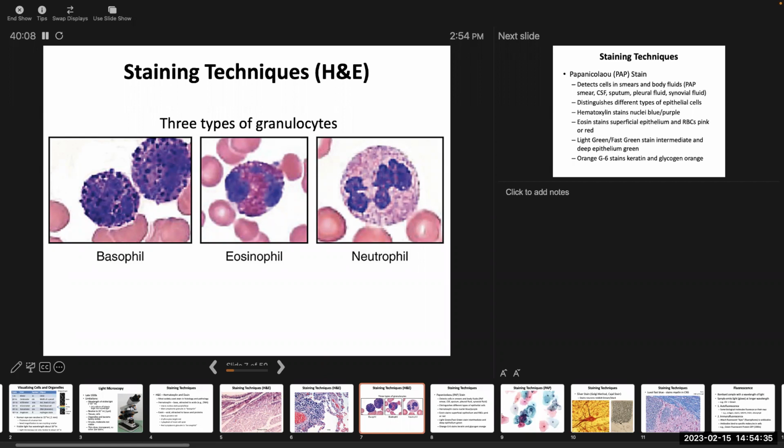So the granules in a neutrophil don't attract the eosin or the hematoxylin. And so you can still barely tell that there's something in the cytoplasm, but the granules are pH neutral, so they don't attract eosin or hematoxylin. So that's actually where the word neutrophil comes from. They are neutral loving, or they don't love either acid or base.